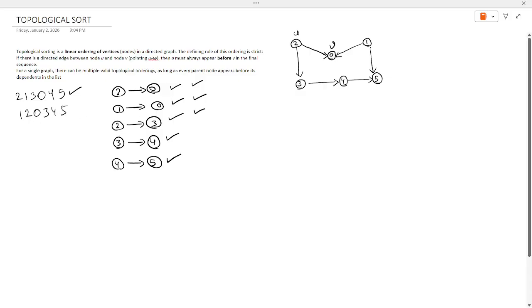So this edge is also satisfied. If I consider the fourth edge 3 to 4, 3 appears before 4. Hence this edge is also satisfied. And if I consider the fifth edge, 4 appears before 5. Hence the last edge is also satisfied. So therefore we can say both of these orders are valid toposorts.